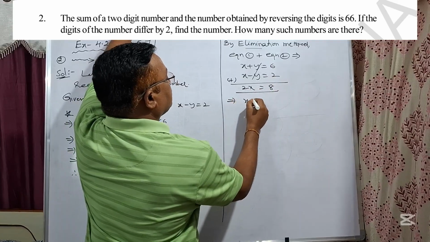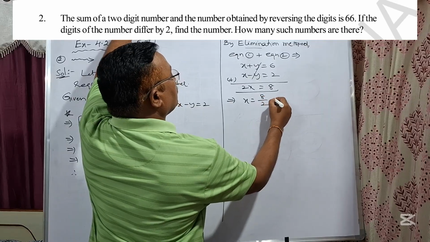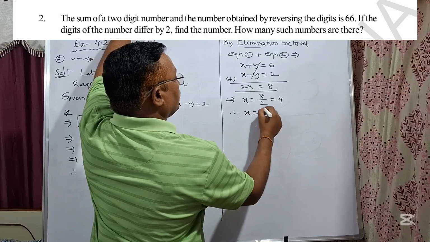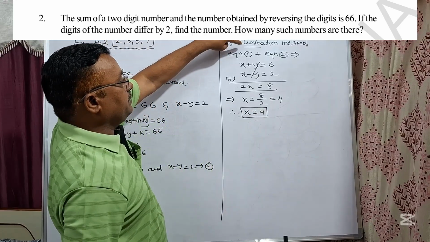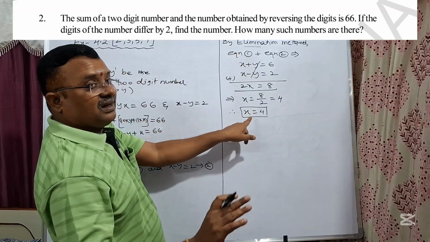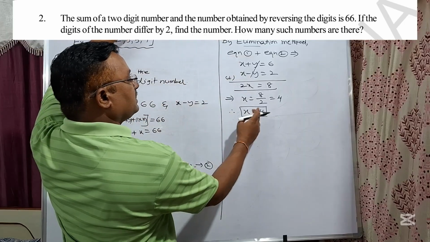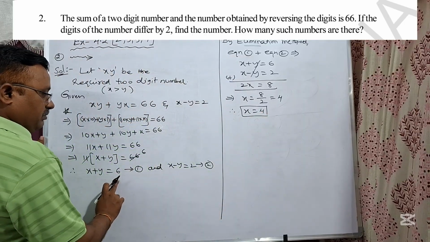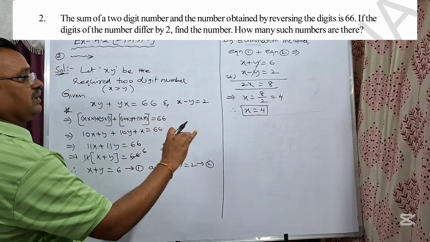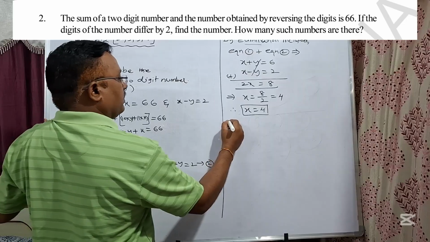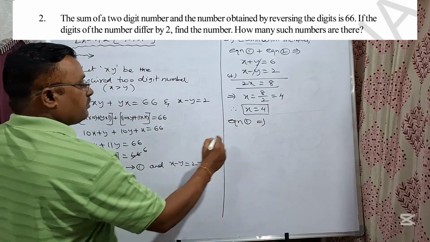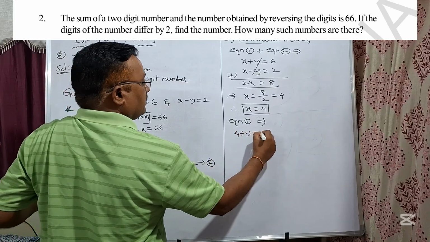This implies x equal to 8 by 2, which is 4. So we are getting x value 4. Observe that in this elimination method, variable y is eliminated and we got the x value. Using this x value, either from equation 1 or equation 2, whichever is easy, find variable y. I am going to take equation 1: 4 plus y equal to 6.